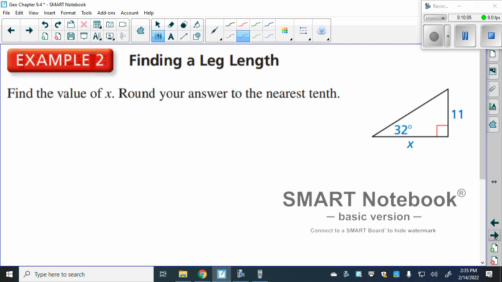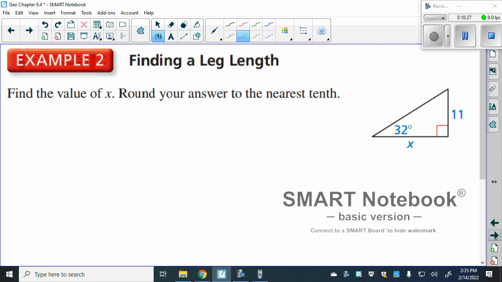So that tells us that sine and cosine we're not going to use, because for both sine and cosine we need the hypotenuse, because sine is opposite over the hypotenuse. Cosine is adjacent over the hypotenuse. So if we're solving any of these here and we're not given the hypotenuse and we're not looking for it, we automatically know we have to use tangent.